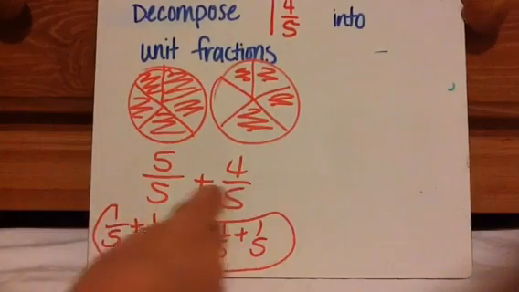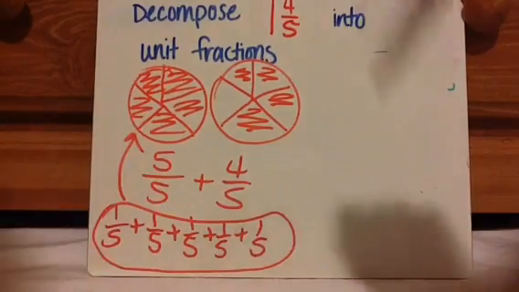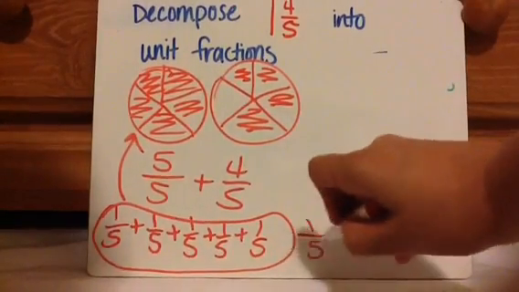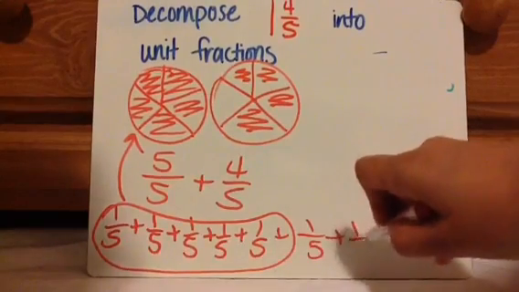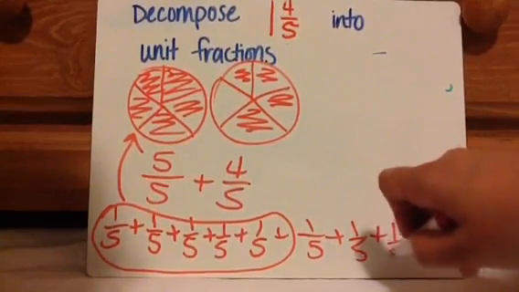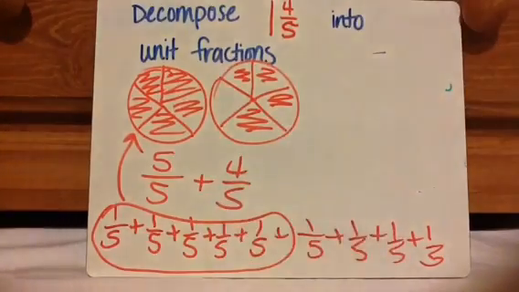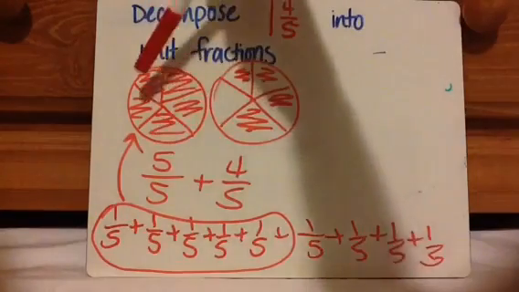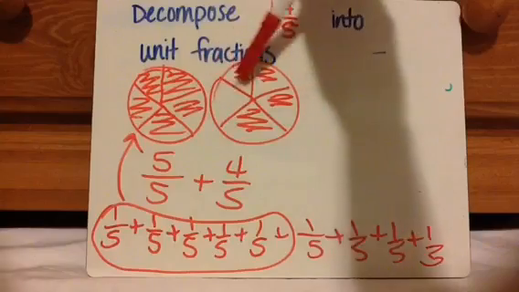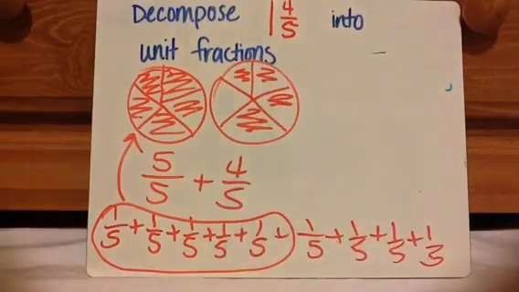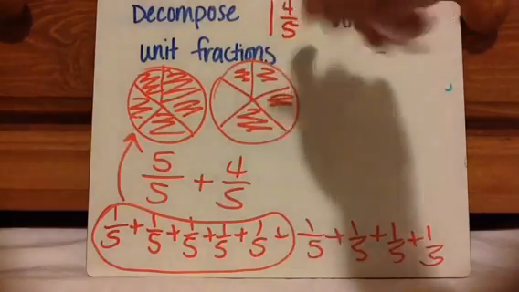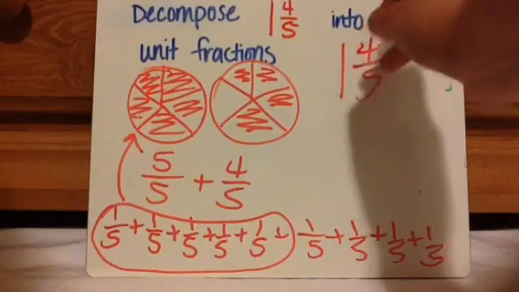This represents the 1 whole, and then 1/5 plus 1/5 plus 1/5 plus 1/5, which will equal this 4/5. So even looking at the picture, 1, 2, 3, 4, 5, 6, 7, 8, 9 fifths total equal 1 4/5.